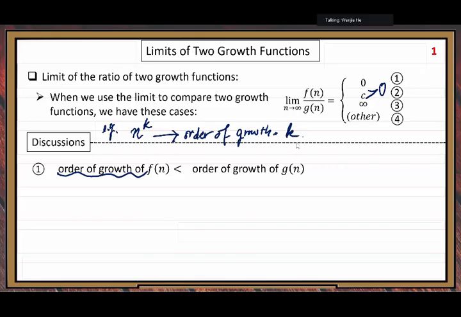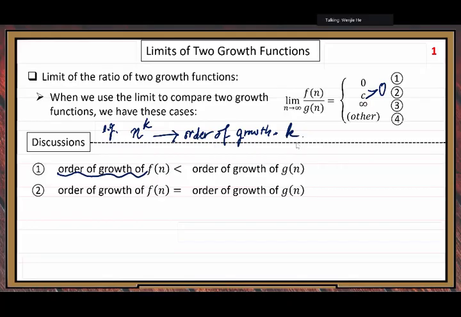Case 2, constant. The ratio is a positive constant. In case 2, we say they have the same order of growth. Because when we look at the order of growth, the leading constant doesn't matter. We don't look at the leading constant. We only look at the exponent.